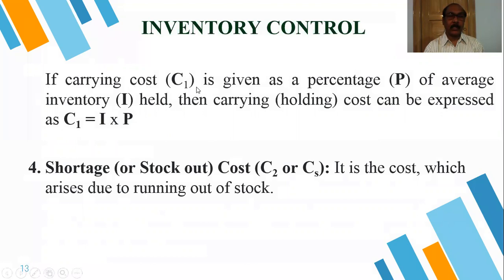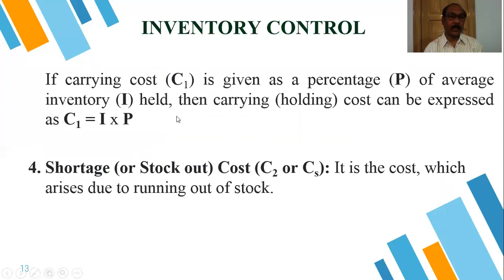If carrying cost C1 is given as a percentage P of an average inventory I, this is the average percentage of the price P. I is the interest or the percentage.